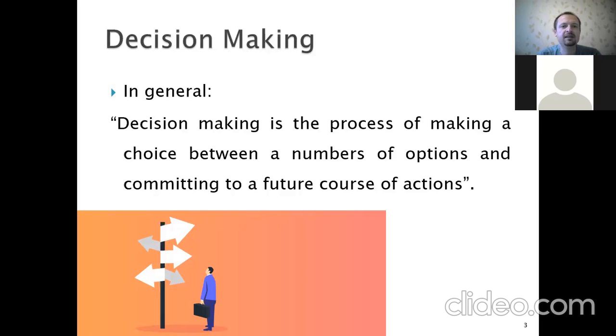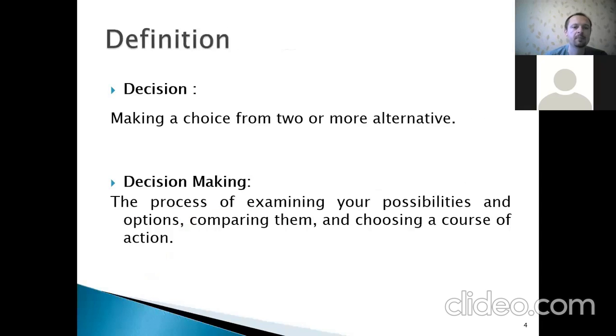So decision-making is the process of making a choice between a number of options and committing to a future course of action. And also the next definition from the same book: what is a decision? A decision is making a choice from two or more alternatives.